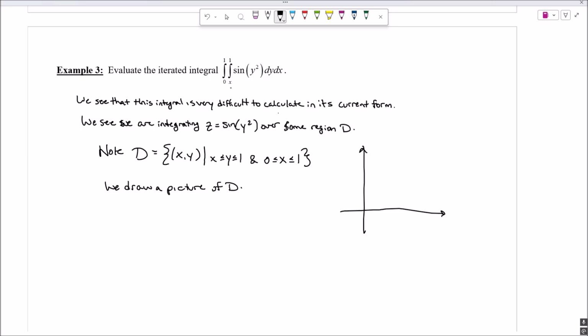Okay, so let's see here. I know that x is going to go from 0 to 1, but I need to think about what this means. My y values are bounded on the low side by x. That implies there is going to be a line y equals x in my picture. So here's my line, y equals x, and my region has this line as its lower y bound.